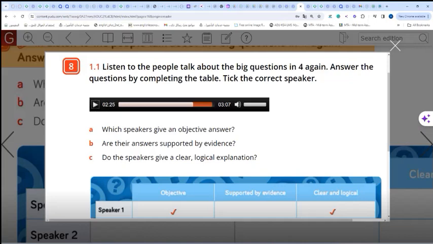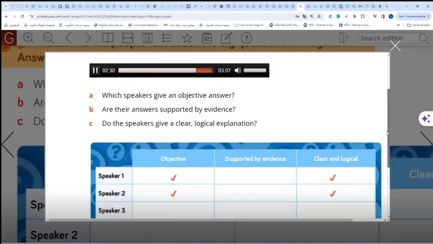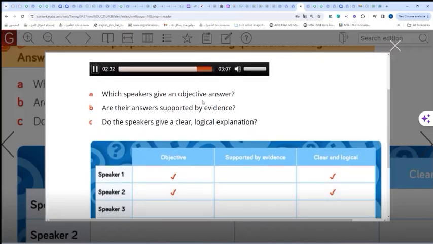Okay. So what about number 4? Let's listen and check. When we make a decision, do we really make the decision? Do we have a choice? Let me explain. When you put a shirt on in the morning, how do you decide which shirt?